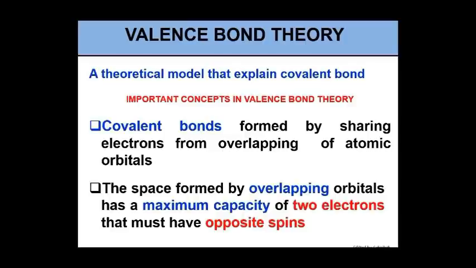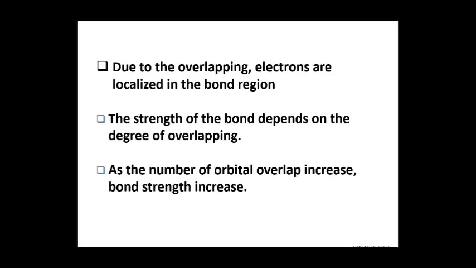The space formed by overlapping orbitals has a maximum capacity of 2 electrons that must have opposite spin. Due to the overlapping, electrons are localized in the bond region. The strength of the bond depends on the degree of overlapping.